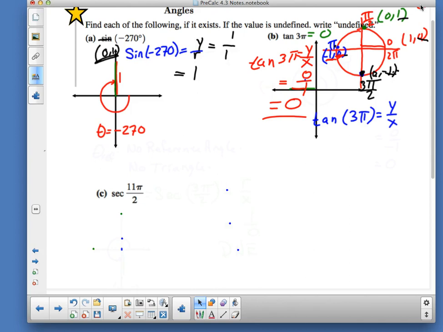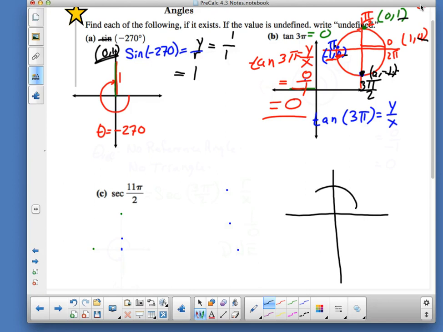Secant, 11 pi over 2. Okay, I'm going around two and three-quarter times, or whatever, when we do this. So let's look at what we've got. I'm looking at this going around right there.